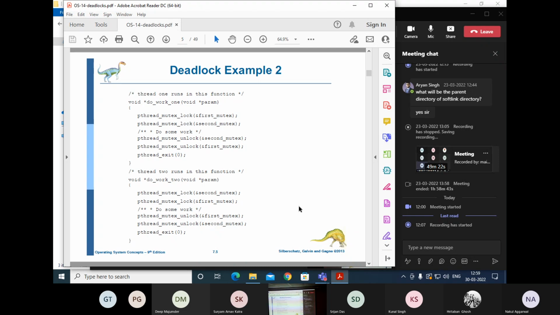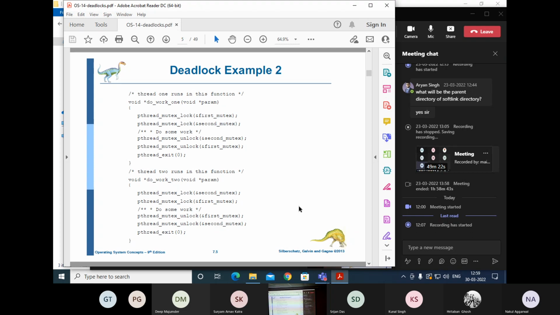The other process first tries to get the second mutex and then the first mutex. So again, you see the same problem. If the first mutex is locked by the first process and the second mutex is locked by the second process, then there will again be a deadlock, because they will continue to wait for each other. So this is what a deadlock is.